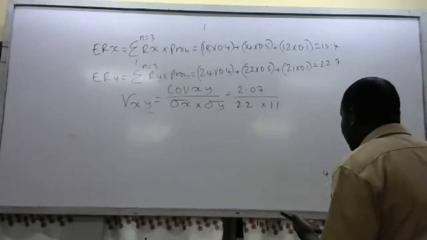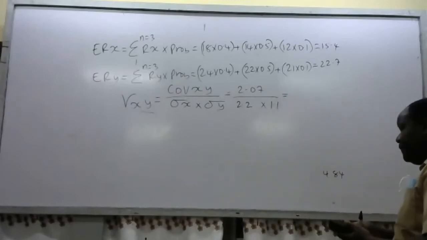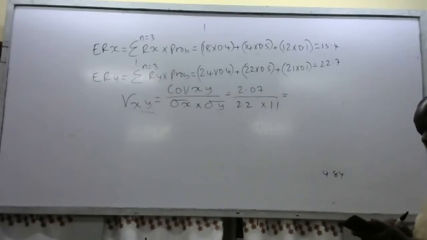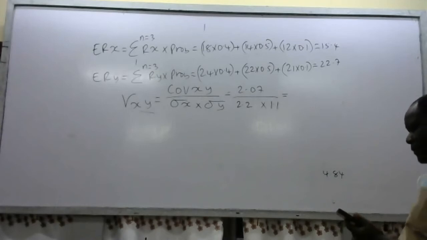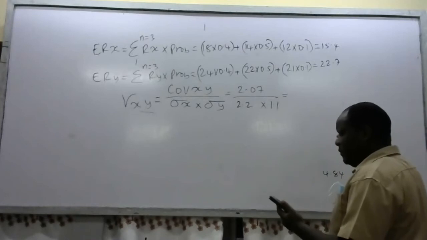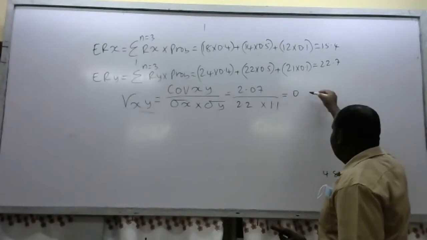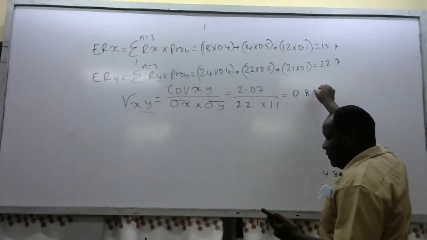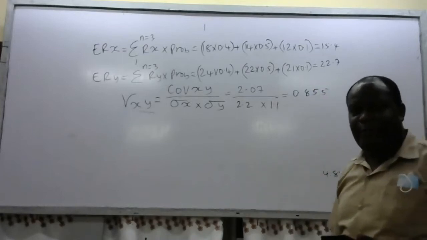So now our correlation coefficient should finally give me a value of 0.8, without that figure of the covariance.